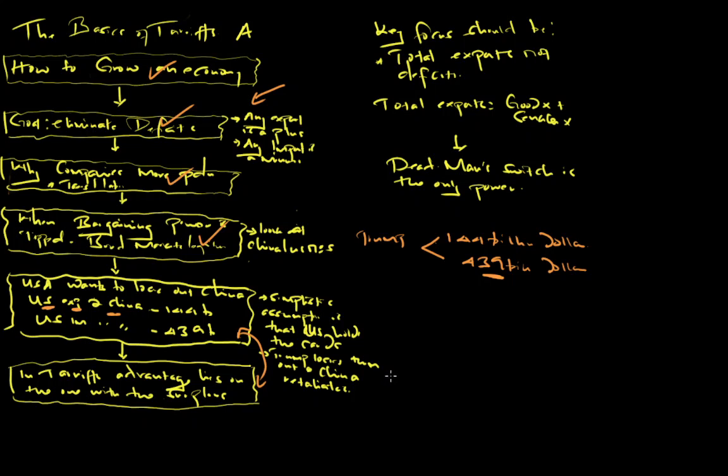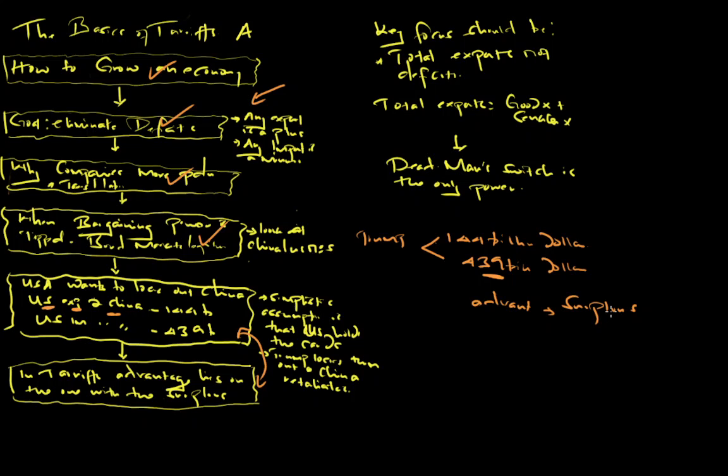In tariffs, and this is a simplistic statement, the advantage lies with the person who has the surplus and not the one who has the deficit. Remember, Trump is thinking to himself, because we are buying 439 billion from them, they cannot afford to lose us.